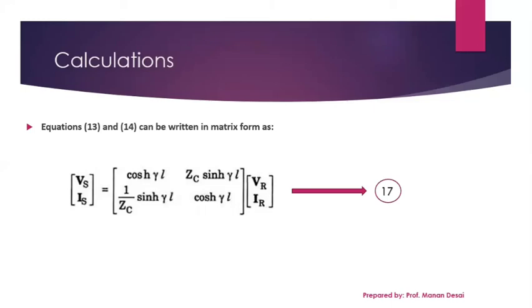We replace with the ABCD values: A is cosh gamma L, B is ZC sinh gamma L, C is 1 upon ZC sinh gamma L, and D is cosh gamma L, multiplied by VR, IR.